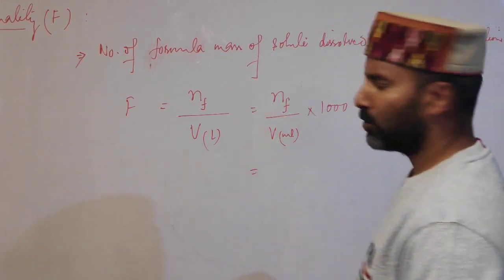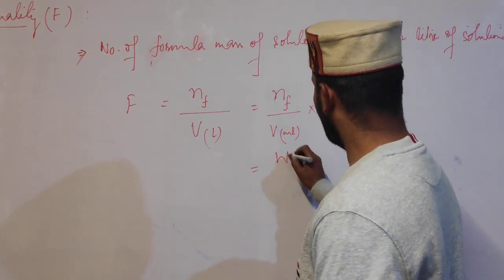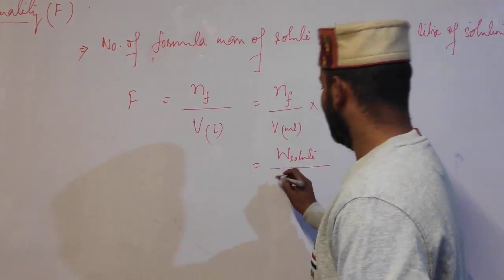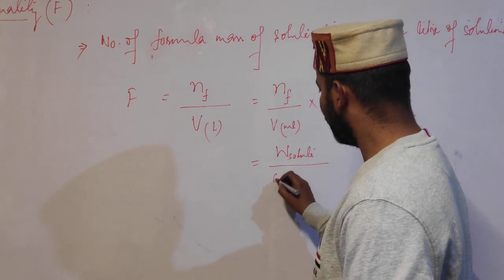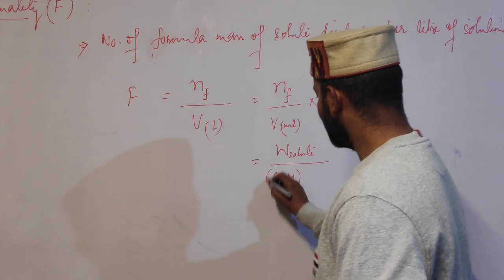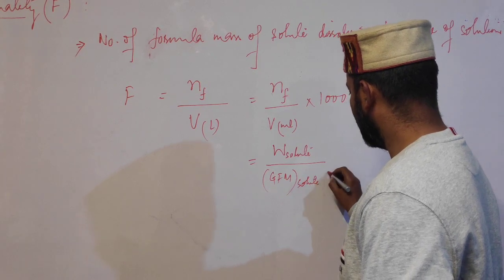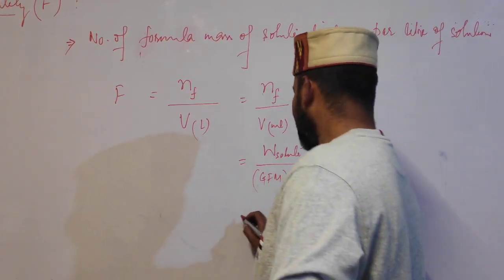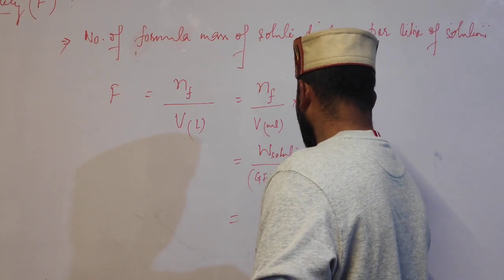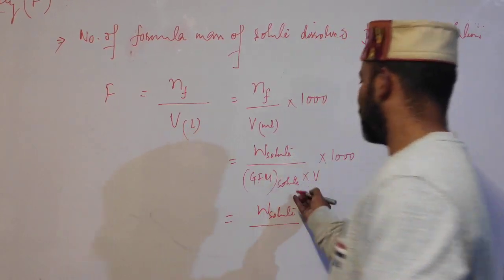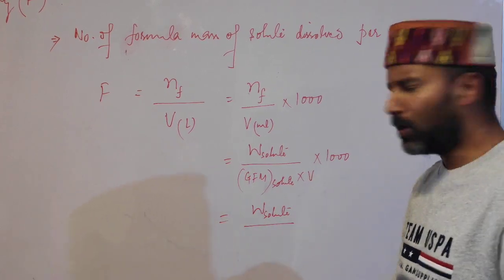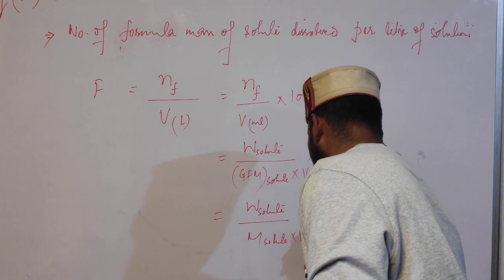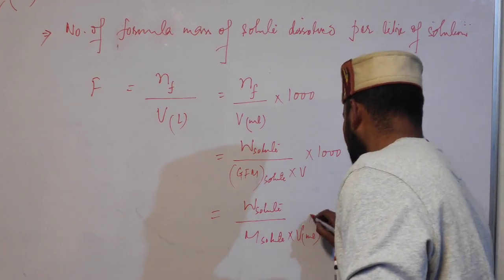Now students, how to calculate number of formula masses? So it will be the weight of solute, that ionic compound, divided by what? The gram formula mass of the ionic substance into volume in milliliters and then into 1000. So simply, now weight of solute, but gram formula mass of ionic solute will be equal to its molar mass. So we write M into volume of solution in milliliters into 1000.